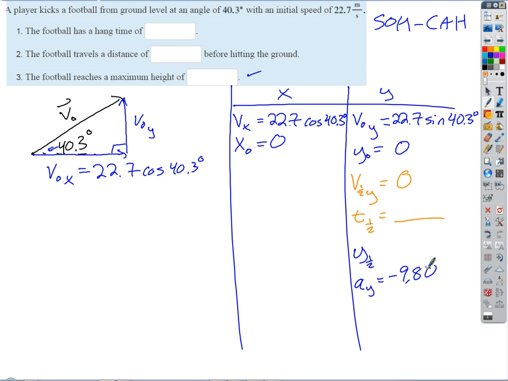Just the big one, right? In this case, it's going to look like y sub 1/2 equals y sub 0 plus vy sub 1/2 times t sub 1/2, plus 1/2 a sub y t sub 1/2 squared.